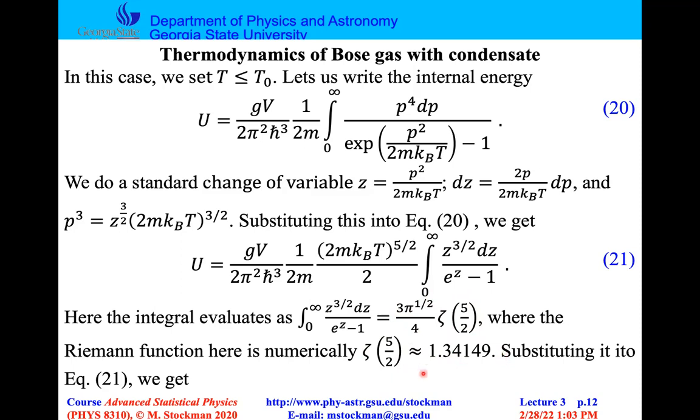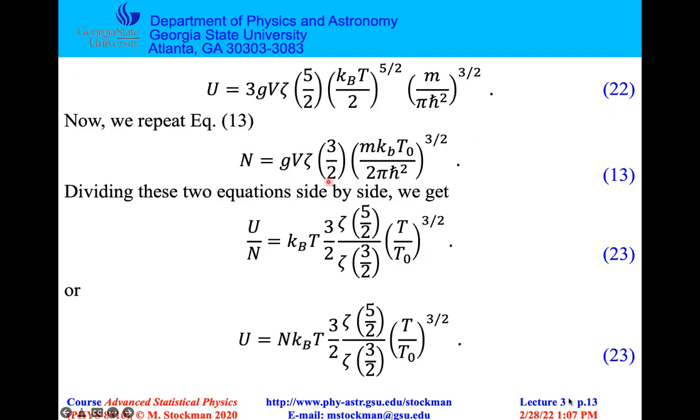We substitute this expression into equation 21, into the expression for energy, which is absolutely straightforward. Calculate the numerical coefficient and get the expression for U, the internal energy of the system. Here I repeat the expression for N in terms of the critical temperature. Then we'll divide them side by side.